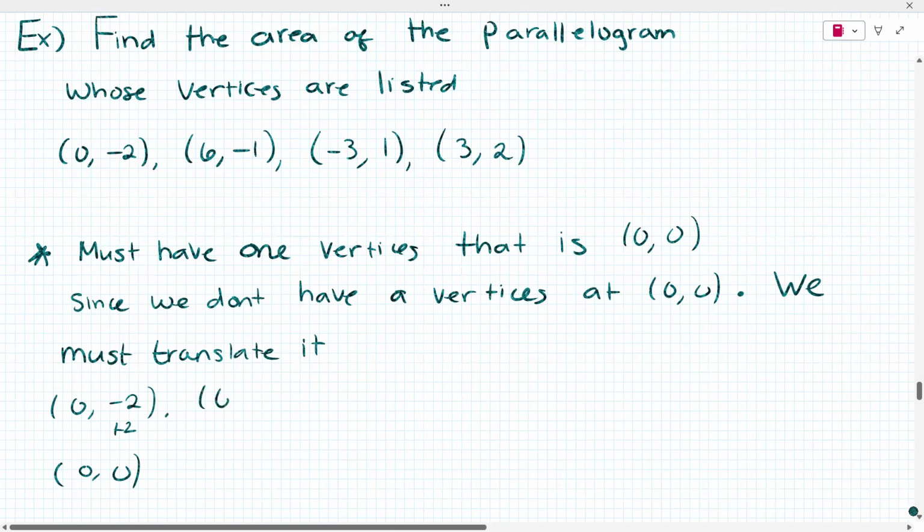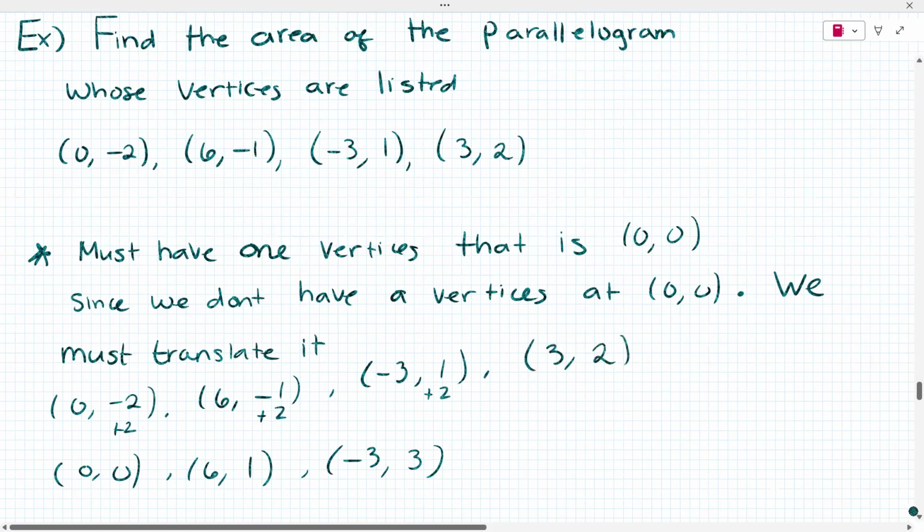So 6, -1 plus 2 on the y gives 6, 1. Then -3, 1 gives -3, 3. And 3, 2 gives 3, 4. You can use any pairs besides the origin.